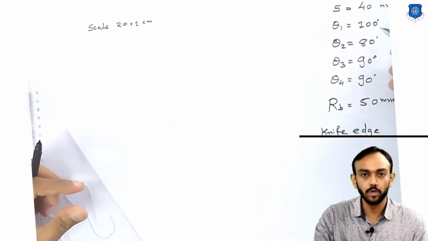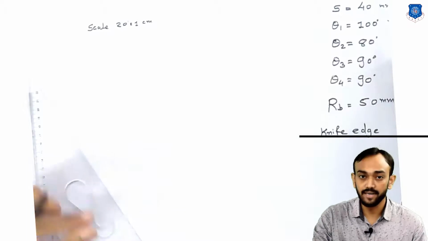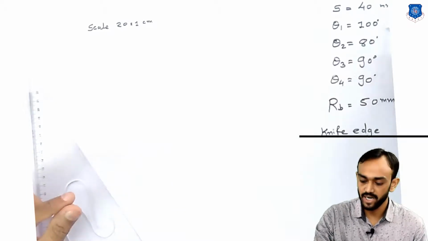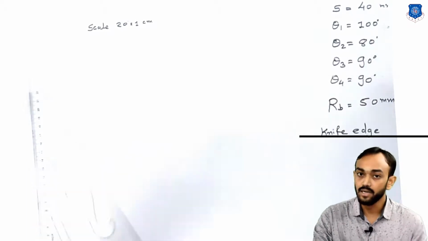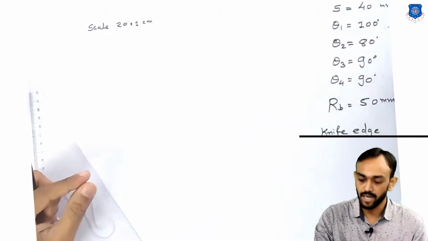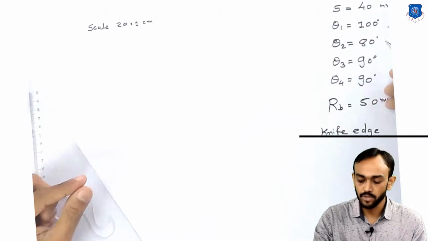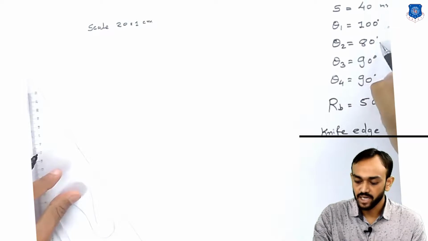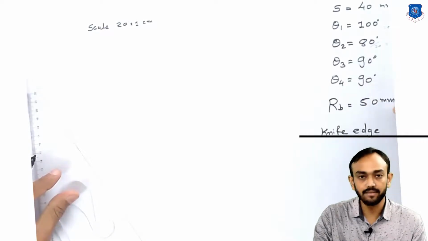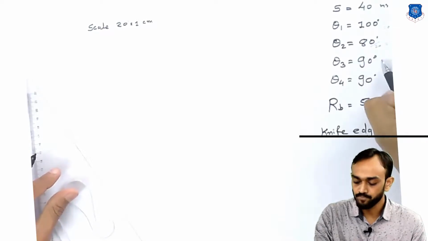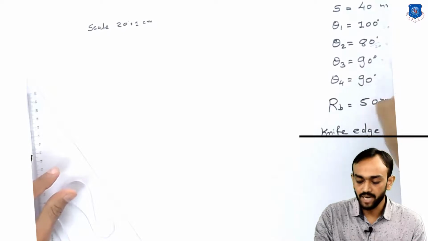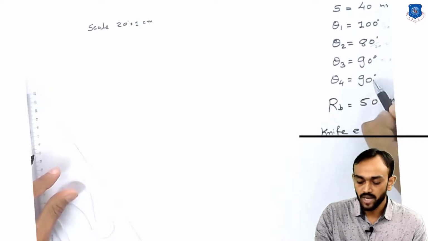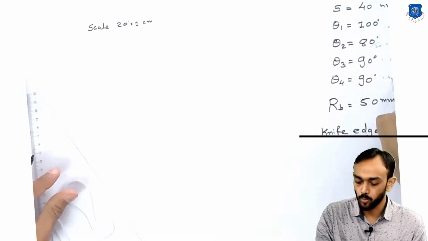Theta 1 is 100 degrees; divide by 20 and you get 5 centimeters. 80 degrees divided by 20 gives 4 centimeters. 90 divided by 20 is 4.5, and 90 divided by 20 is again 4.5.